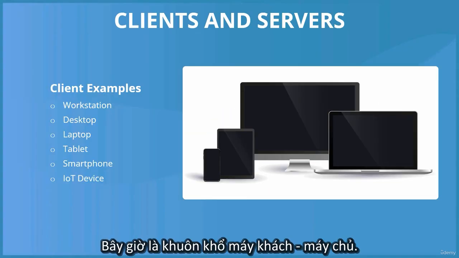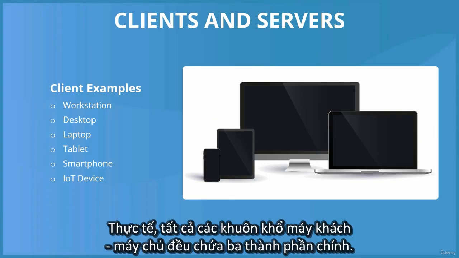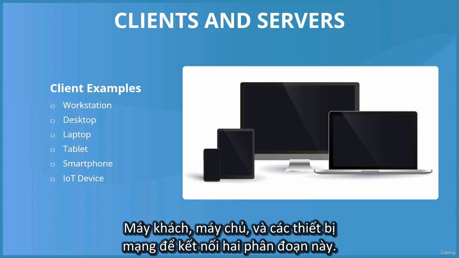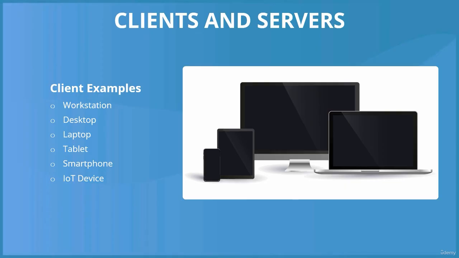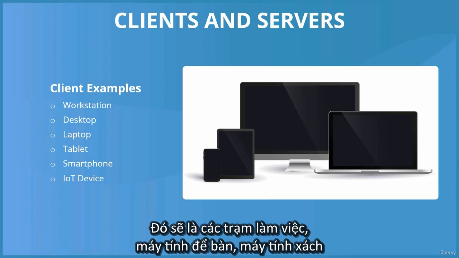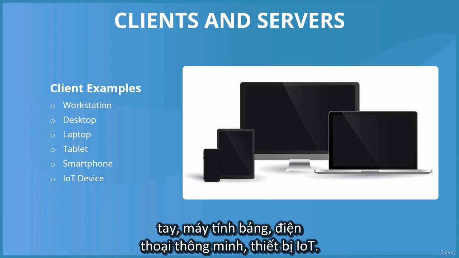Now, all client-server frameworks contain three primary ingredients: clients, servers, and the networking devices to connect the two segments. For a few examples of clients, there would be workstations, desktops, laptops, tablets, smartphones, IoT devices.